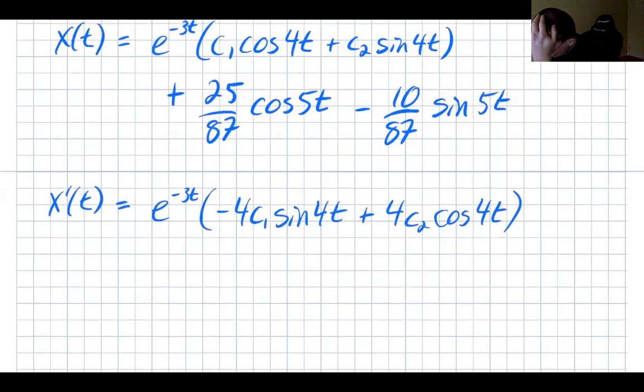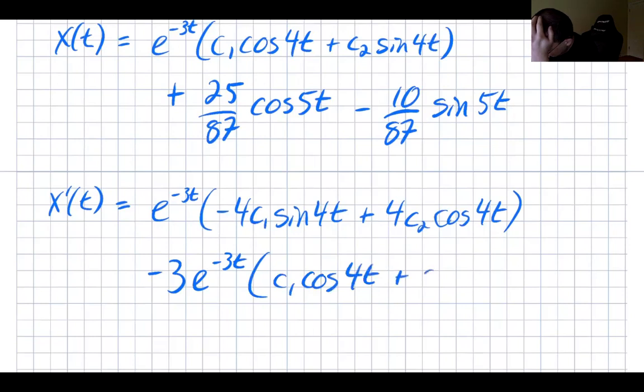Okay. Then minus 3 e to the negative 3t times (c1 cosine 4t plus c2 sine 4t).